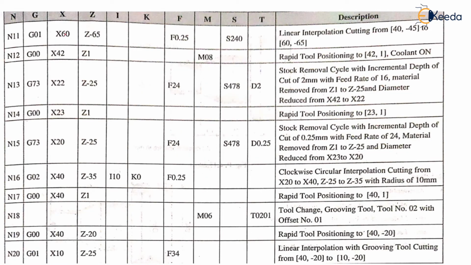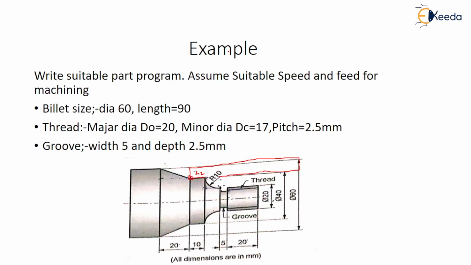Next, G01 X60 Z65 F0.25 S240. That is linear interpolation cutting from 40, minus 45 to 60, minus 65. So if you observe, now we are moving from this end to this end. Okay, so 40, 45.